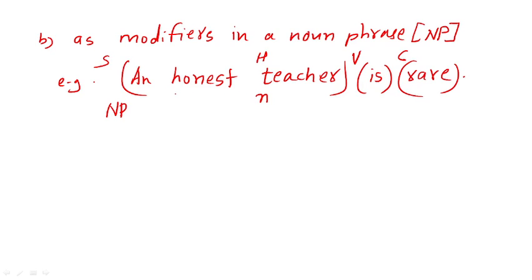And here honest is adjective, and it works as modifier of this head. So in the earlier example, adjective functions as head. Now in this example it functions as modifier.